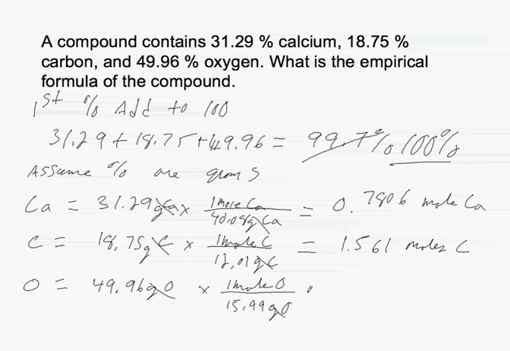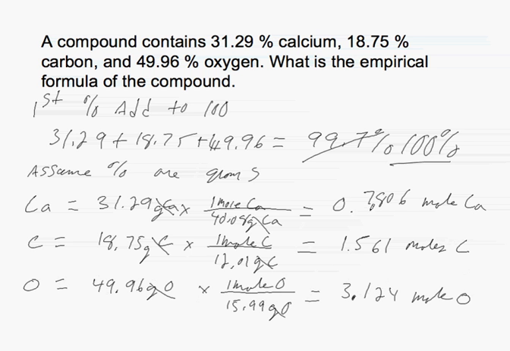Grams of oxygen cancel out, and we have 3.124 moles of oxygen. So what we've done so far is we've converted our grams to moles.